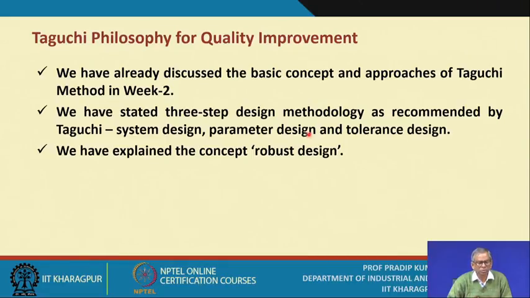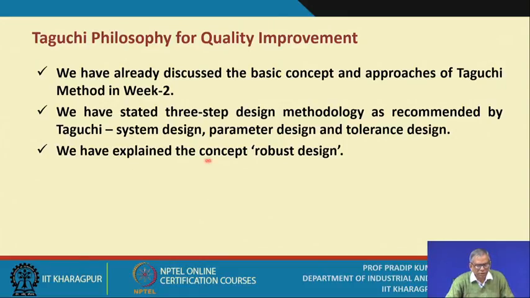So many a time the system design is already there. What you need to do, whenever you start applying the Taguchi method, is essentially refer to the parameter design. So it lies at the heart of the Taguchi method, and then once the parameter design is over, you go for the tolerance design. So this is referred to as a 3-step procedure.